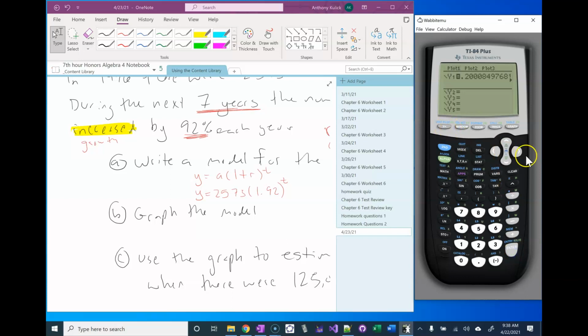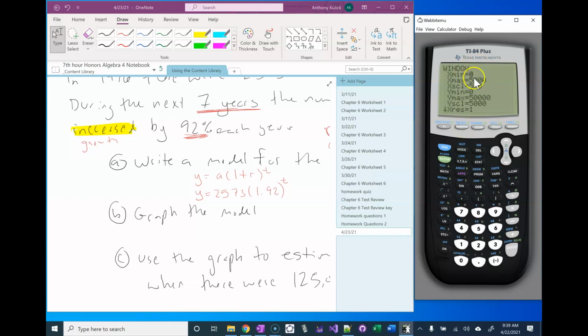So I'm going to press the Y equals button and then clear out anything that I might have had in there and turn off any plots that might have been on. I'll do 2,573 times 1.92 to the x. Okay, and I'm going to set a window.